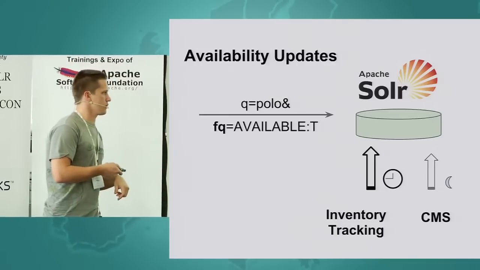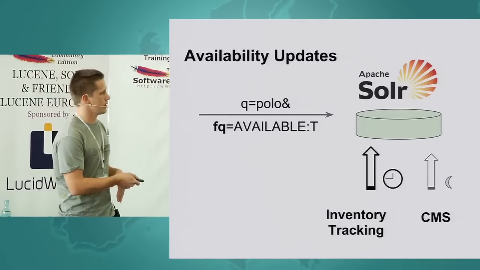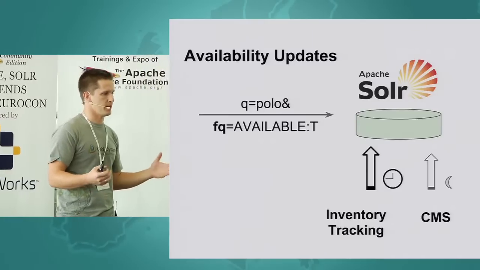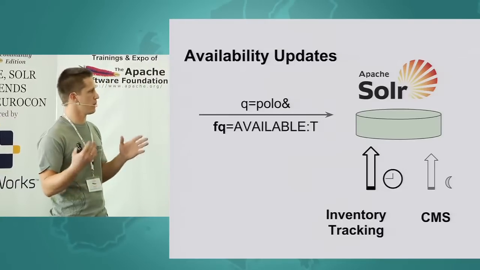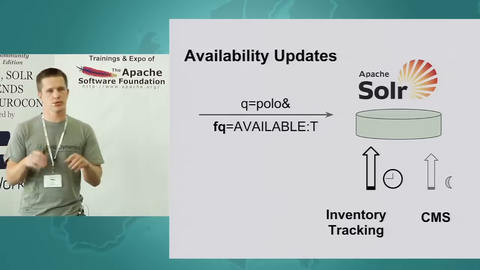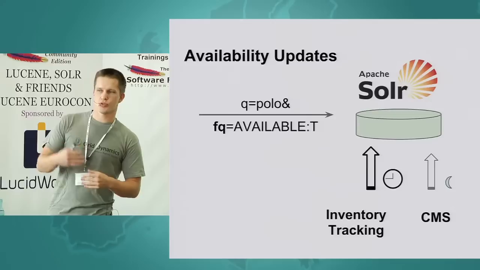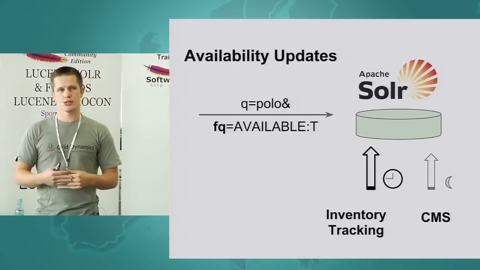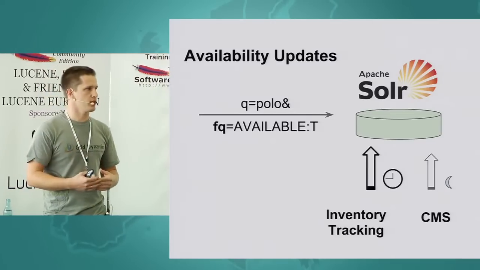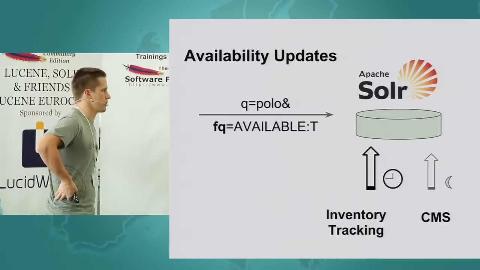And we have two different inbound data flows. One data flow is really rare bulk updates from the CMS, where the merchandising teams build the product catalog, enter the product details, and push it into the main product index maybe once a day or nightly.